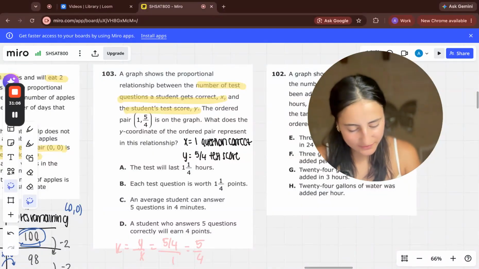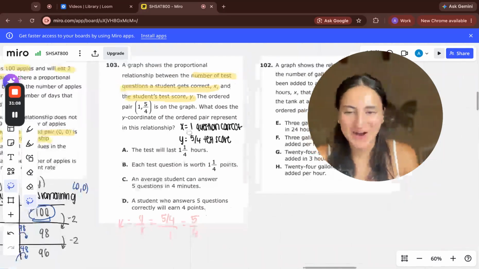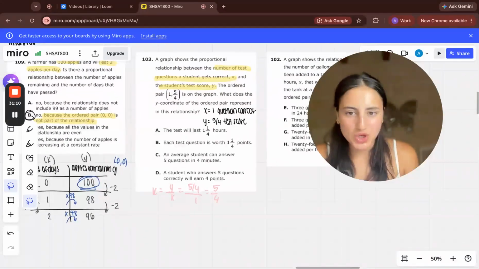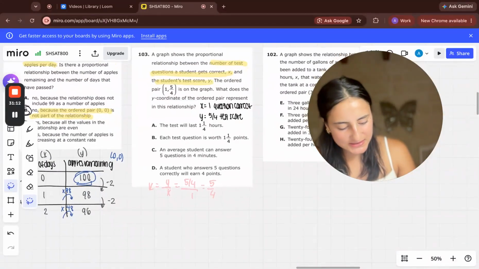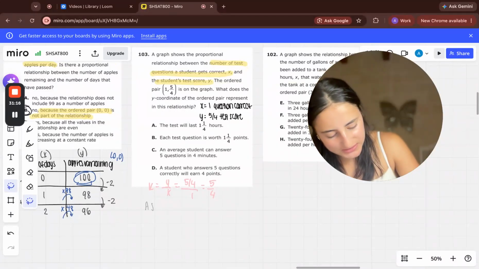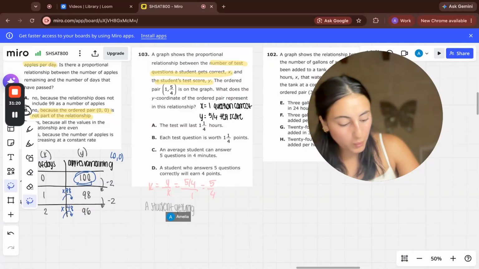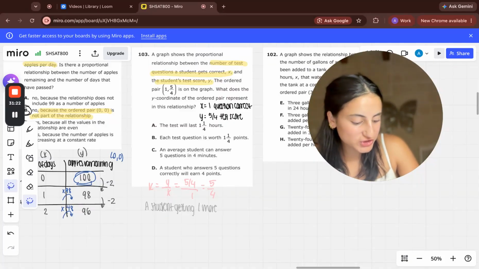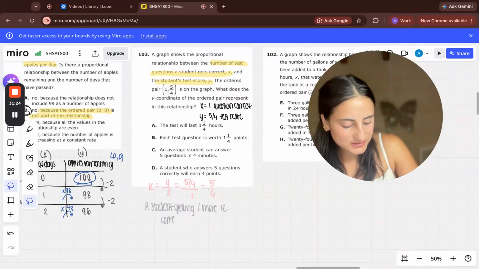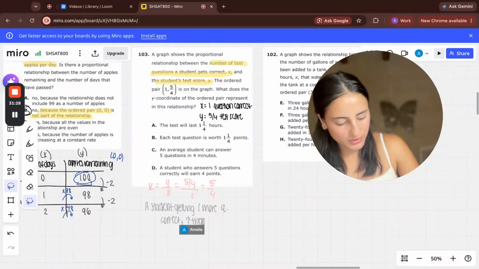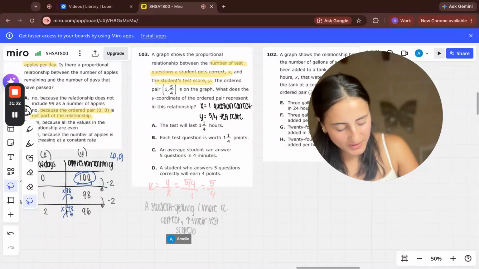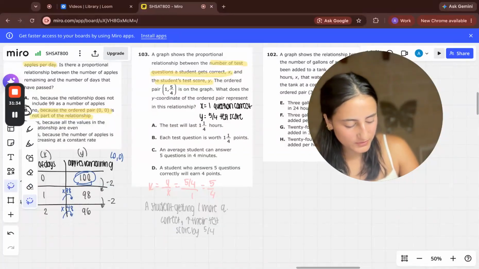Let me zoom out a little bit to find some space to write that out. So that means that a student getting one more question correct increases their test score by 5/4 points.